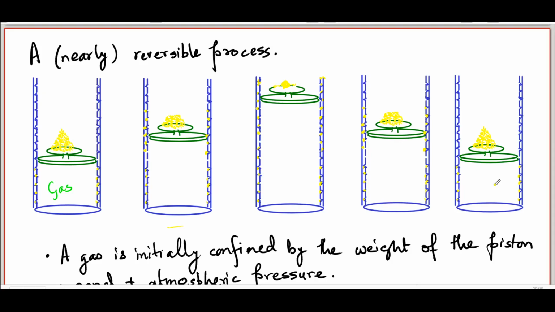So as the upshot of all this, what has really happened is a weight has come down and some extra heat has entered into the reservoir. So the system may be back at its initial state, but the surroundings are not.